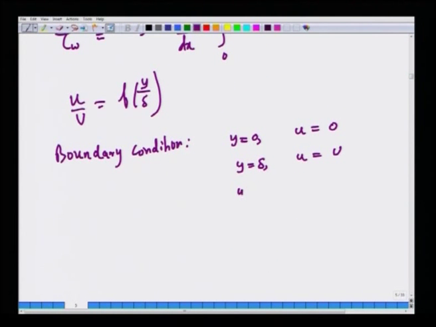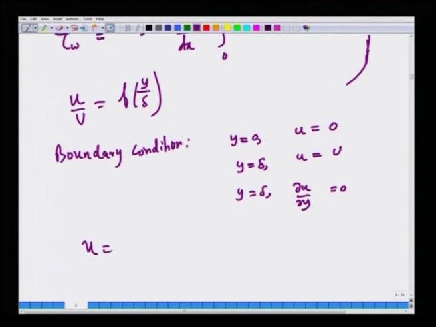At y equals delta, we are saying that du dy is 0, that is, as you approach the edge of the boundary layer, the velocity profile becomes independent of the y direction, it becomes a flat profile.